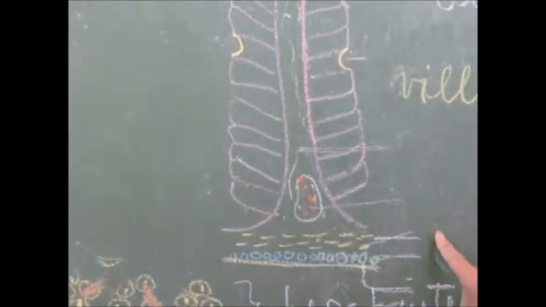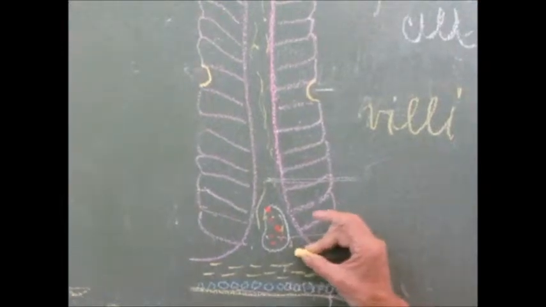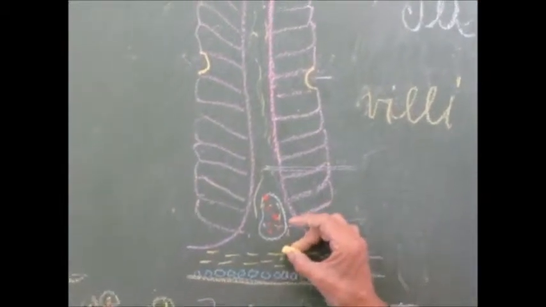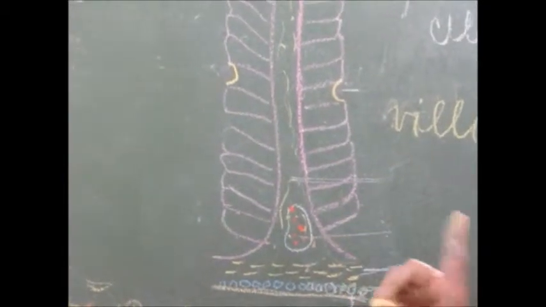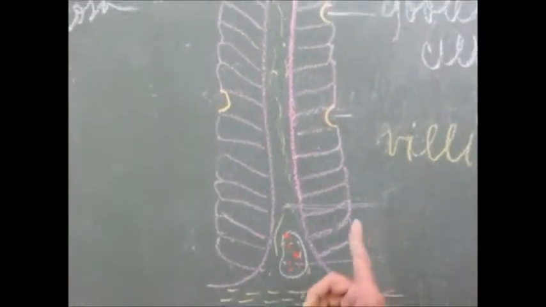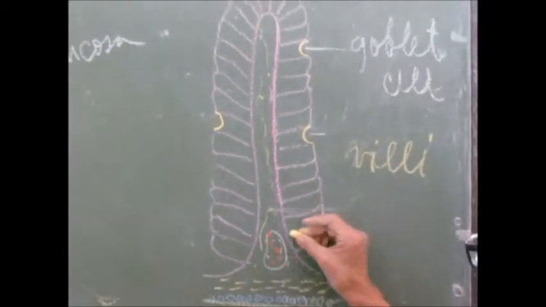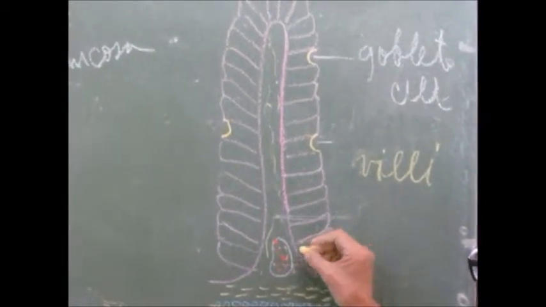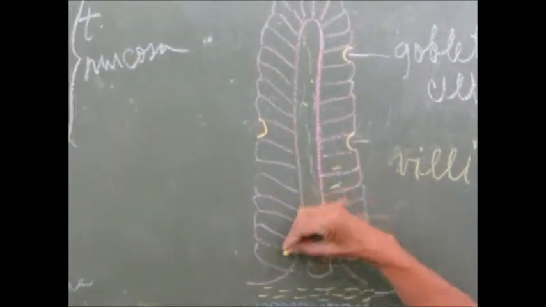And both are known as tunica muscularis. Okay. Now then you have the tela submucosa and the tunica mucosa. There is no muscularis mucosa in the small intestine. You have only one layer of columnar cells.